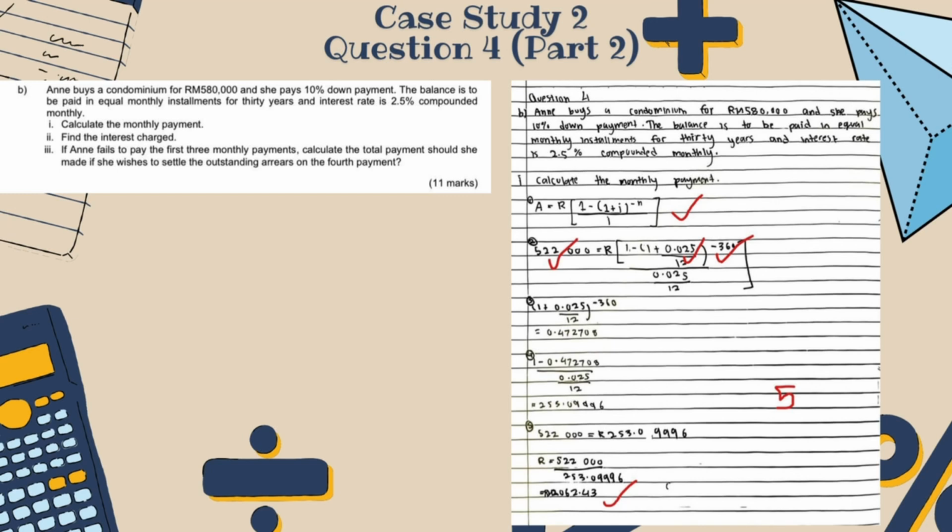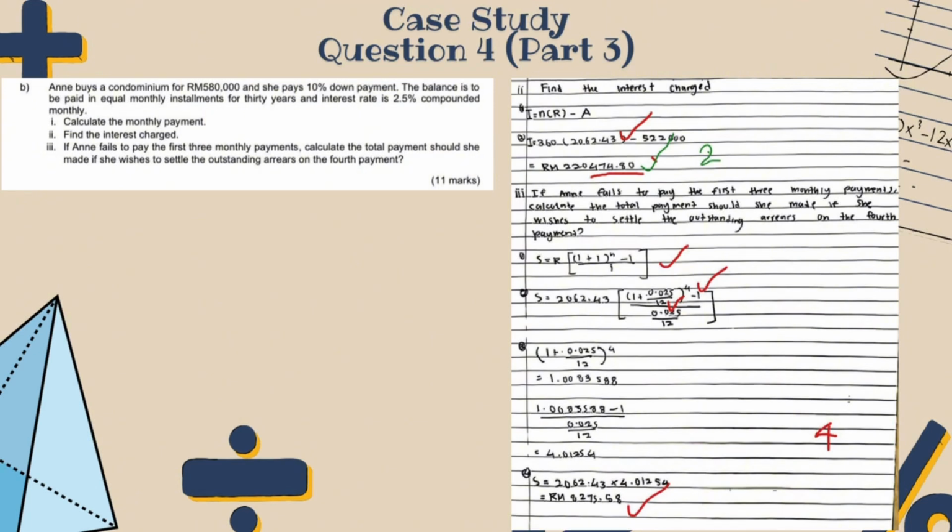Finally, 522,000 equals R multiplied by 253.09996. Therefore, R equals 522,000 divided by 253.09996, which equals 2,062 ringgit and 43 cents.